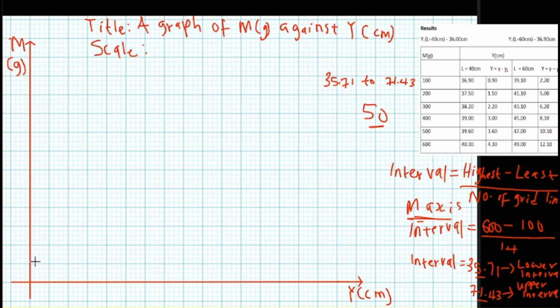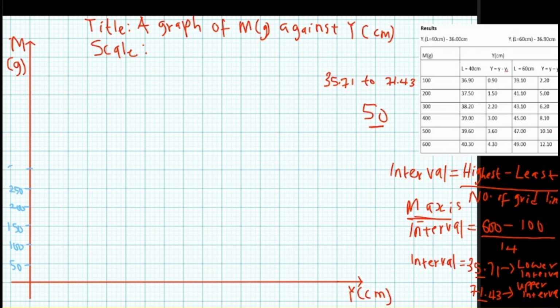So we have 50. The next one here is going to be 100. The next one is 150, then 200, and then 250.